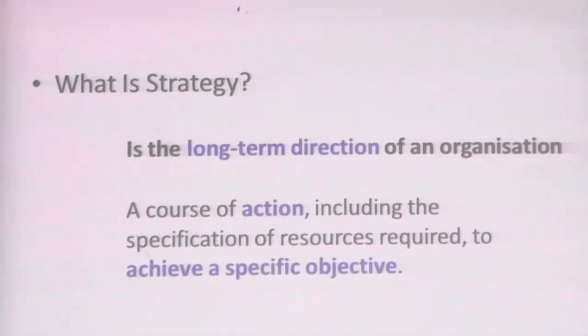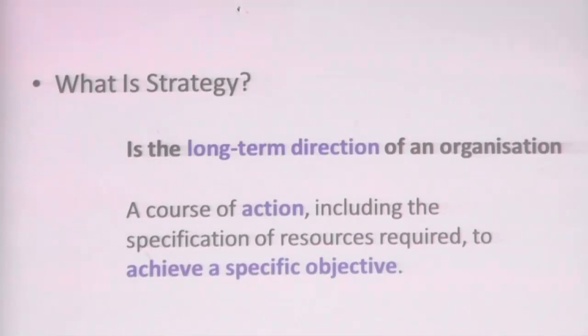That will be for a long term duration and it is a direction. And the course of action, including the specification of resources required, is to achieve a specific objective. The strategy is a course of action.